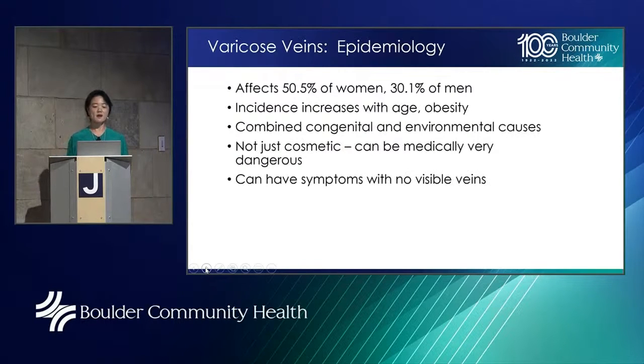Varicose veins in general affect half of the population of women and about one third of the men. So that's a lot of patients and a lot of the population that have varicose veins. The incidence definitely increases with age and also overall BMI. That makes sense in that as we get older, our tissues aren't as full of collagen.